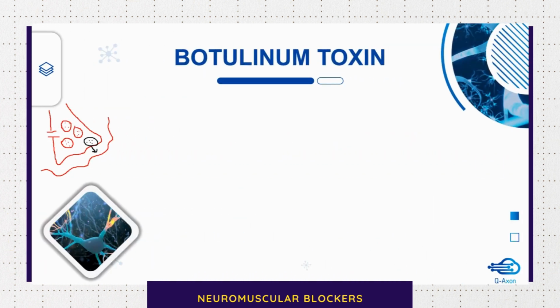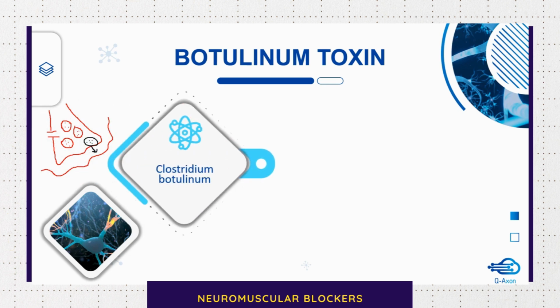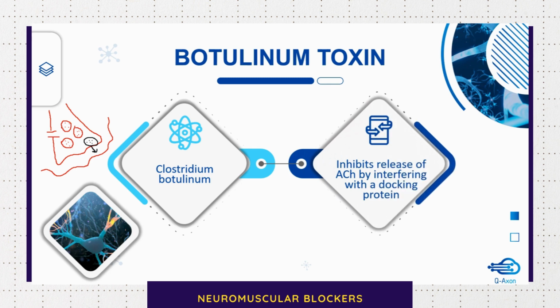Now let's first study the botulinum toxin, which is an example of a presynaptic neuromuscular blocker. This is a toxin released by the bacterium Clostridium botulinum. So how does this molecule act? We know that for normal neuromuscular transmission, the process of docking is very important. When the action potential arrives here, there is opening of the voltage-gated calcium channels, there is entry of calcium ions, and calcium ions mediate the docking process with the help of additional docking proteins.